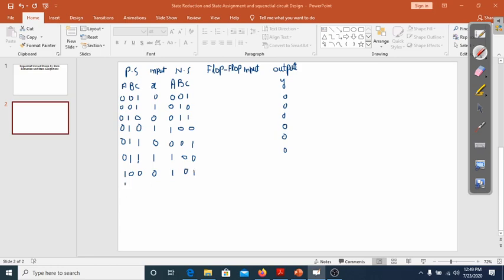And when the present state was 1 0 0 and input was 1, the next state was 1 0 0, and the corresponding output in this case is 1, whereas for the remaining cases it is 0.